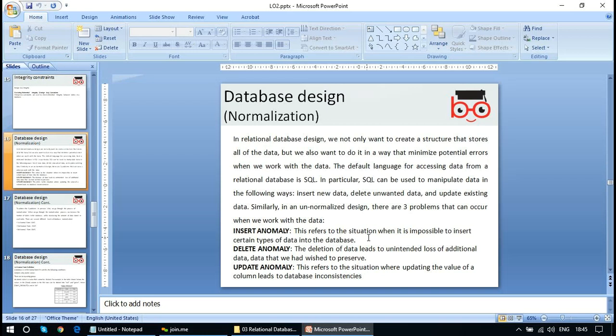Okay. So basically in a relational database, we not only want to create a structure that stores all of the data, but we also want to do it in a way that minimizes potential errors when we work with the data. These potential errors are not syntax errors but structural errors, like the structure of the tables you create.